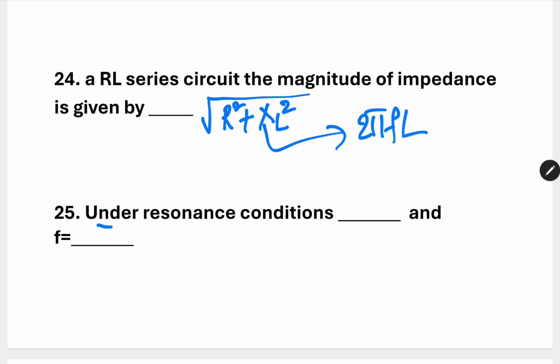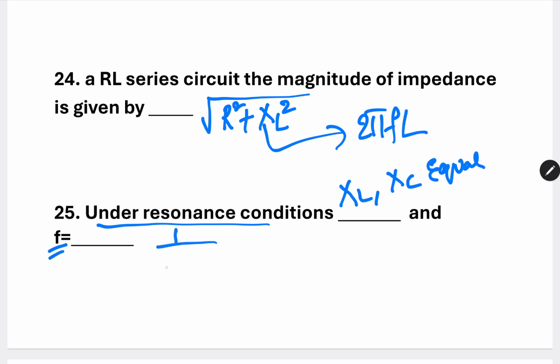Under the resonance condition, inductive reactance XL and XC are equal, and the resonant frequency F is equal to 1 by 2 pi root LC.